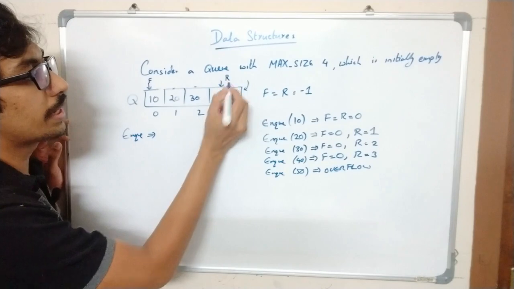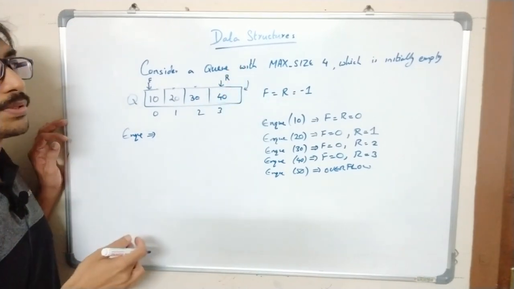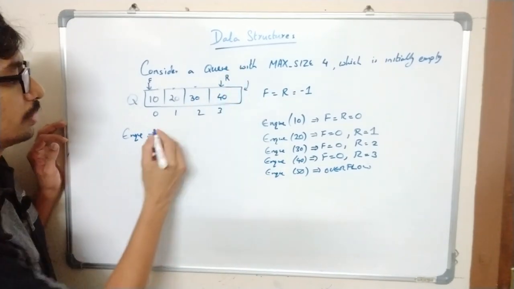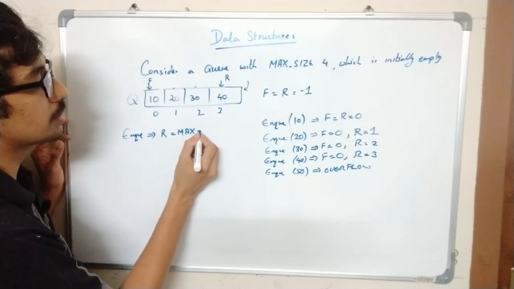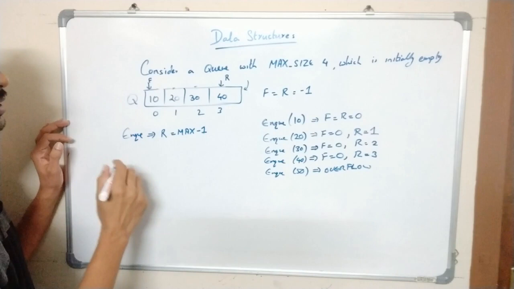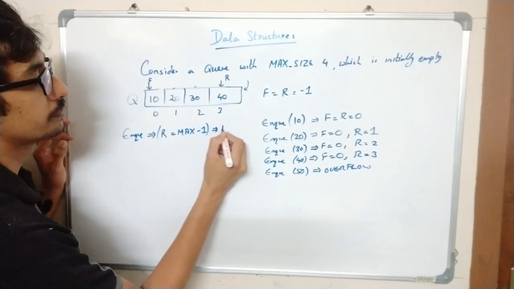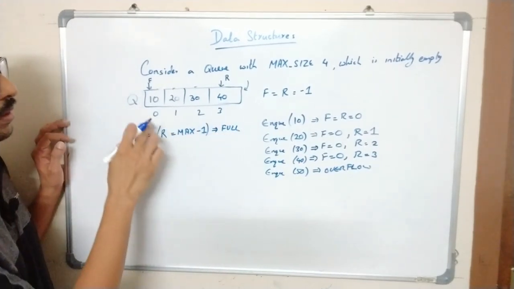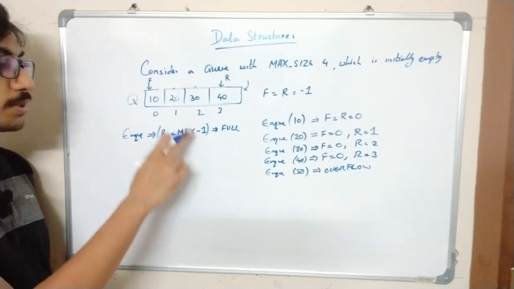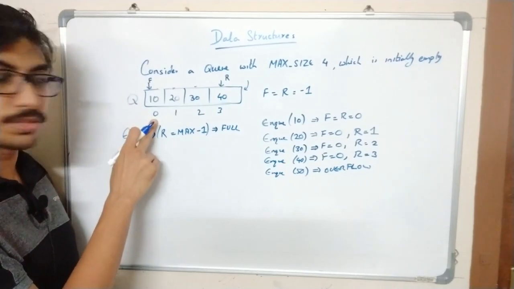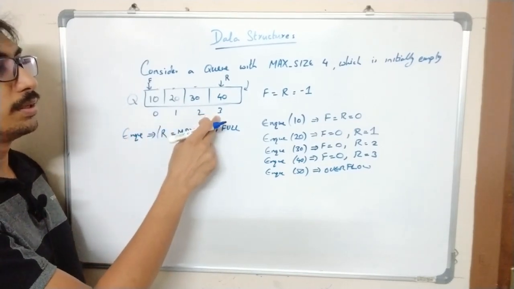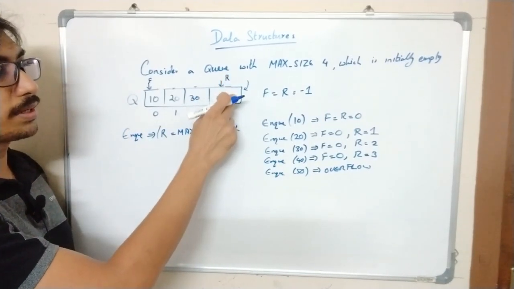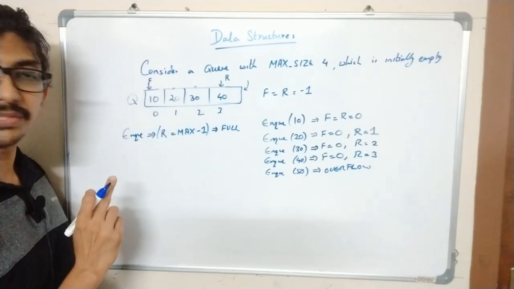Suppose if rear is already pointing to the last position, you can say the queue is full, which means if R is equal to max size minus 1, you can say that the queue is full. Why are we saying max size minus 1? Because we are starting from index position 0 onwards. So if max size is 4, the index positions will be 0, 1, 2, 3. If the third index is already filled, the meaning is that there are already 4 elements.